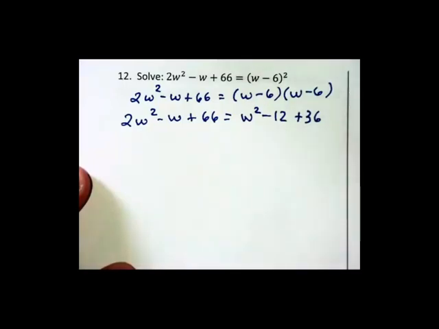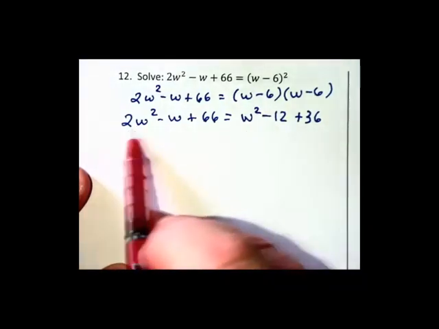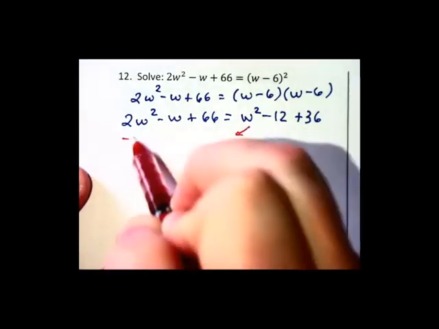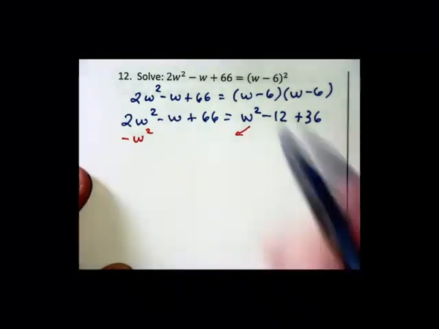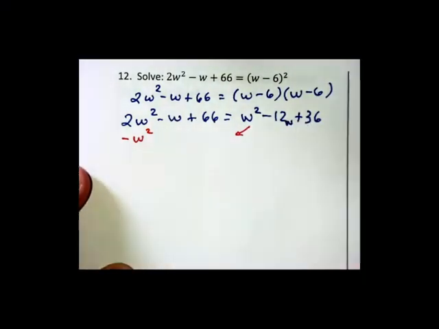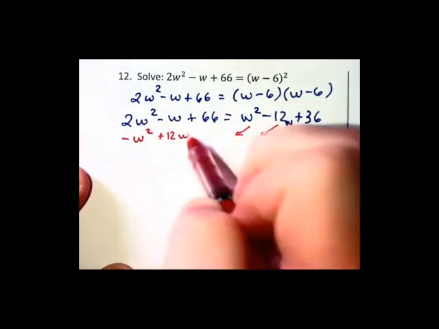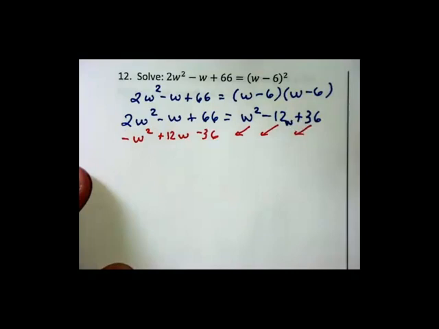Okay, now it's kind of cleaned up. It's time to get this quadratic equation all set equal to 0, and since I have 2w squared on the left and only 1 on the right, I'm going to subtract off the w squared on each side. Oop, I forgot the w in the middle there. And so I want to add 12w to both sides. I now want to minus 36 off. So let's see what we get.